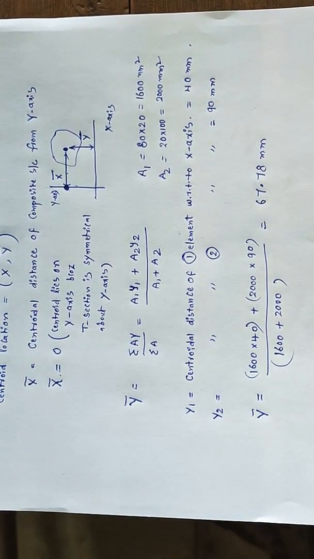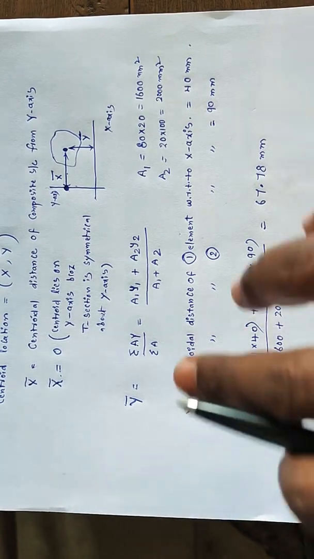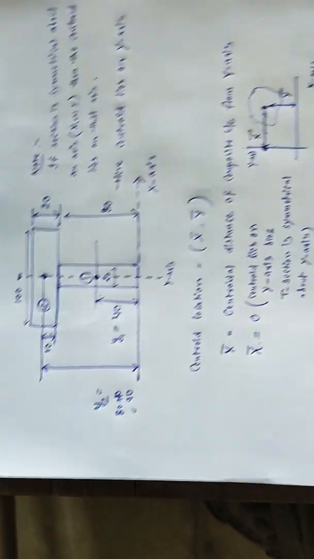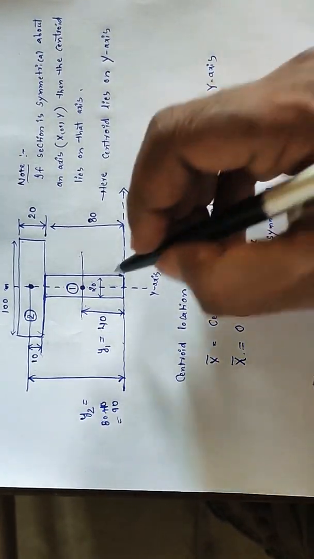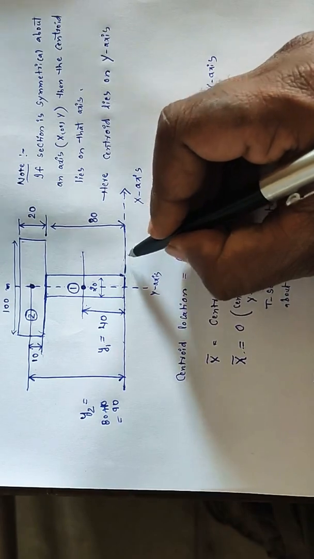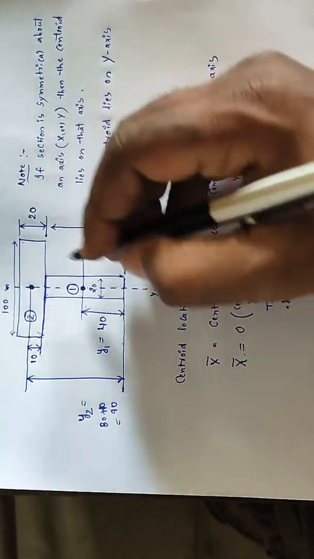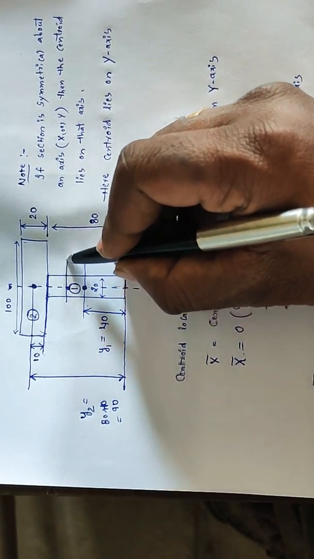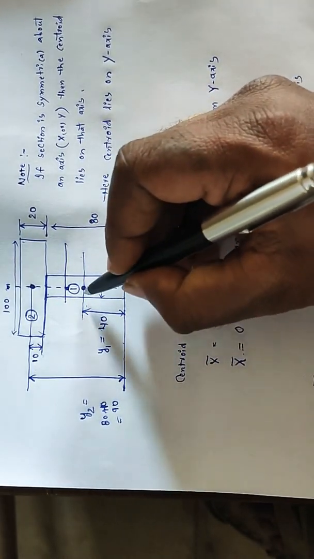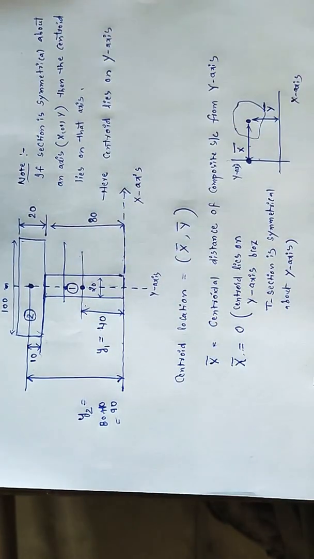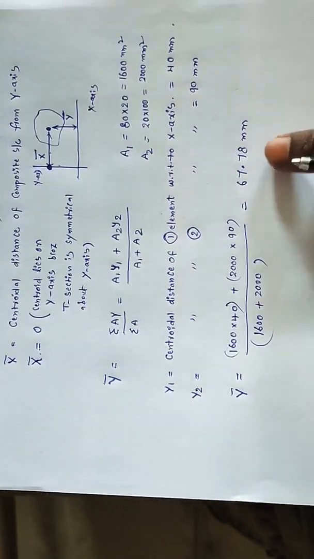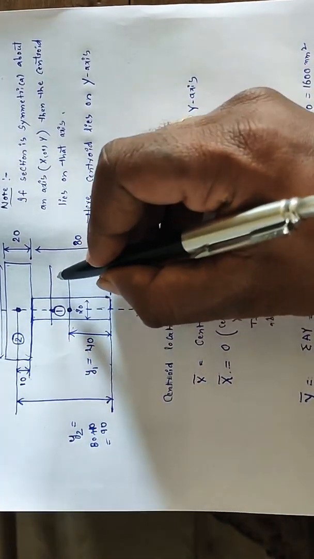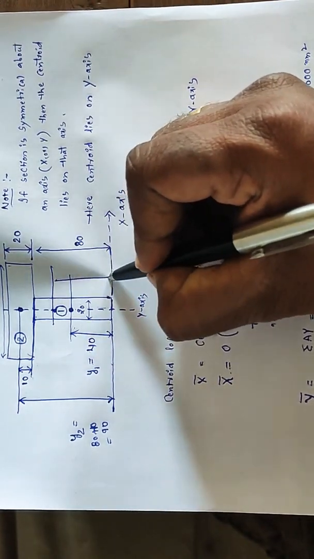So y bar means the centroid of the total section, the centroid of the total composite section, that is 67.78. So y bar means you have to measure from the x-axis. So 67.78 means you may get around here. Here half is 40. So the centroid we got is 67.78, which means you may get here. So this is y bar.